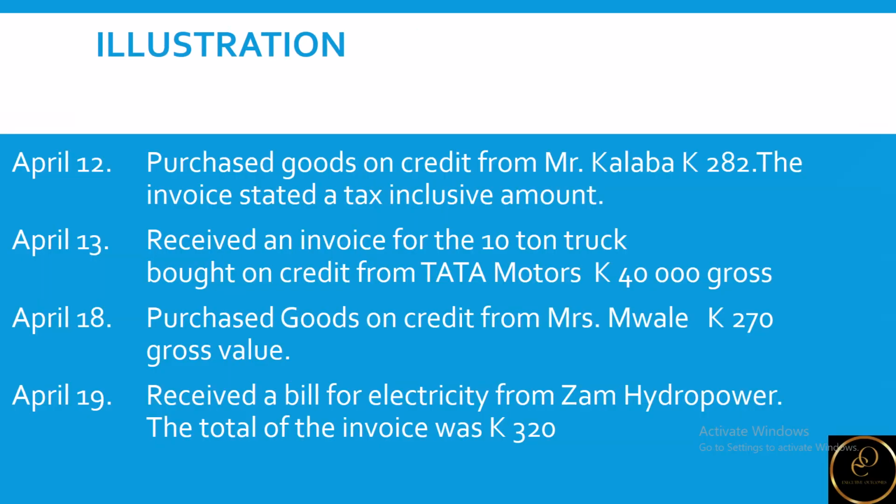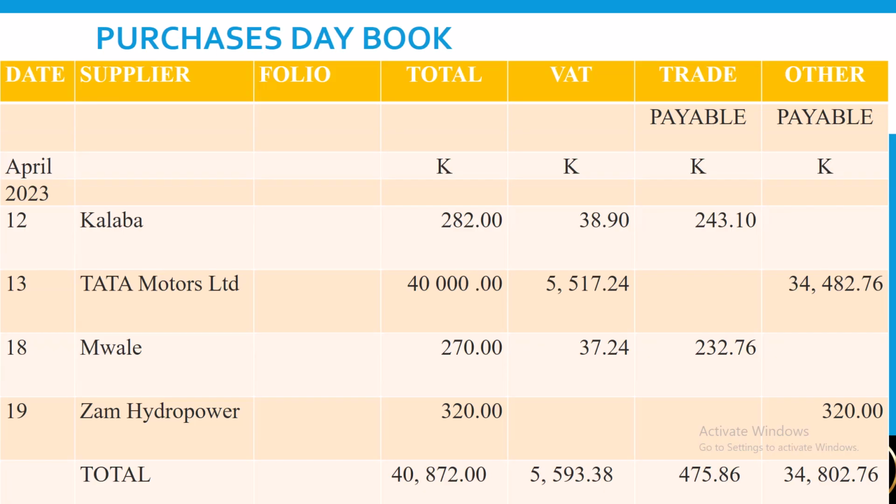We also look at a bill received for electricity on the 19th of April from Zam Hydropower. The total of the invoice was 320. Assuming that there is no VAT involved, you are going to have 320 total and also put it under other payables, since it is not part of the normal business activity.